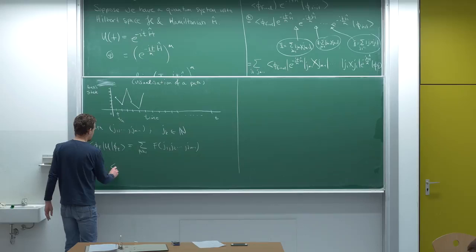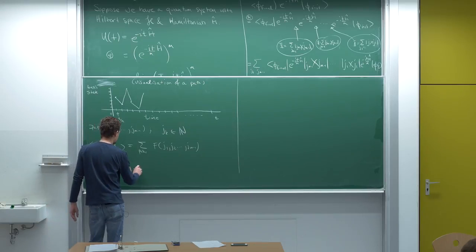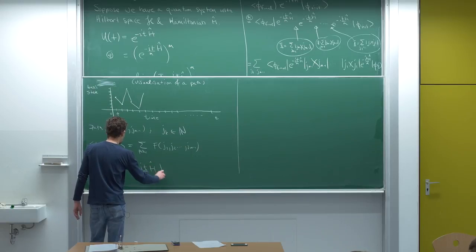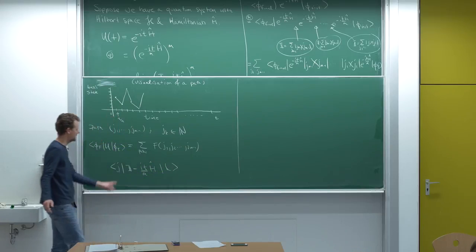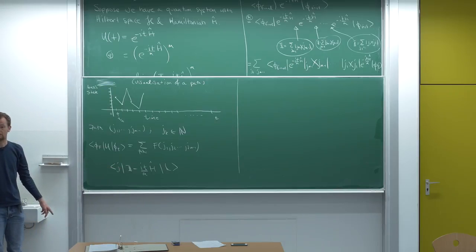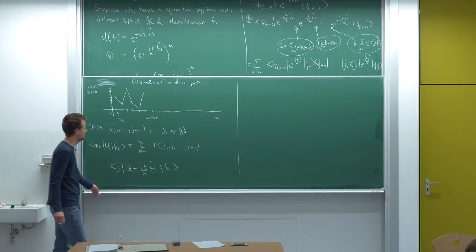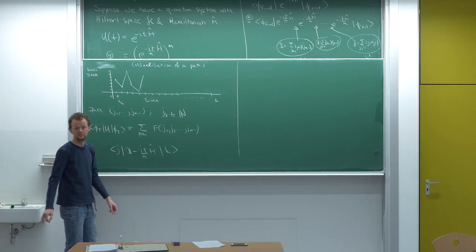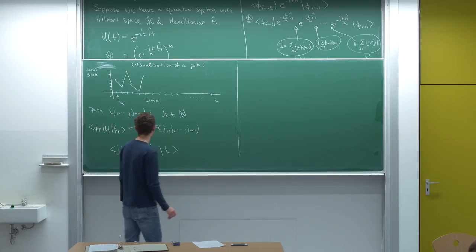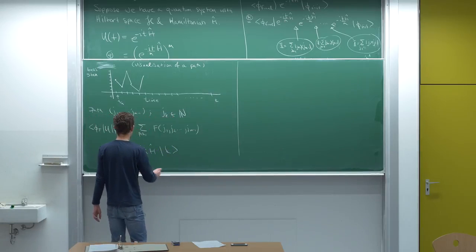Well, to work out the function of the path, we need only know this data here. Once we have that, we can work out the function of the path. It's just a product of these things for given j values and k values.